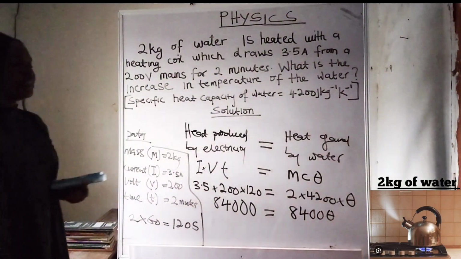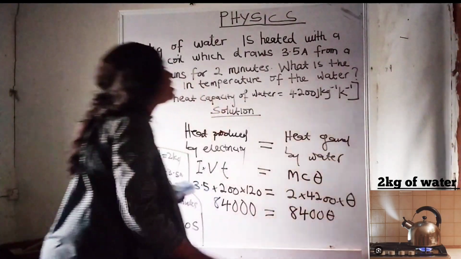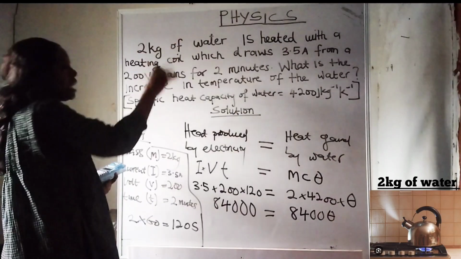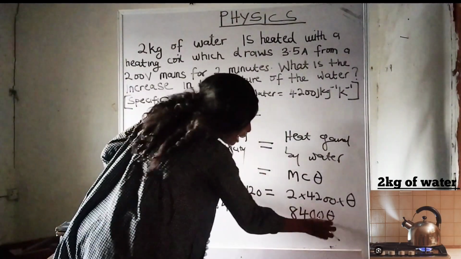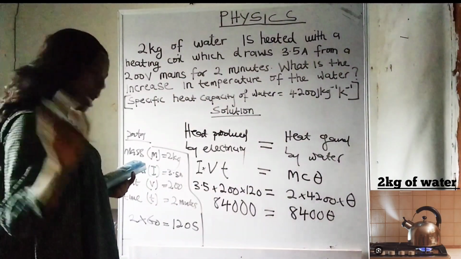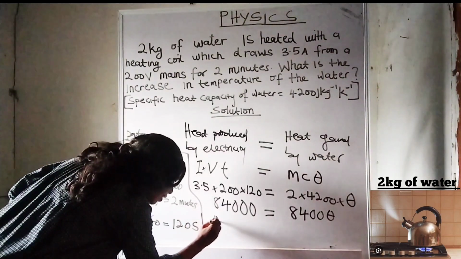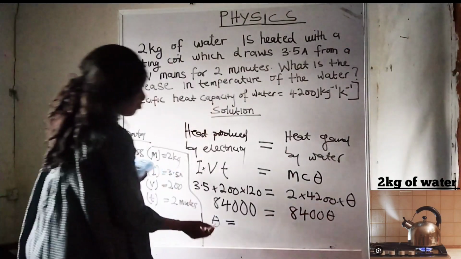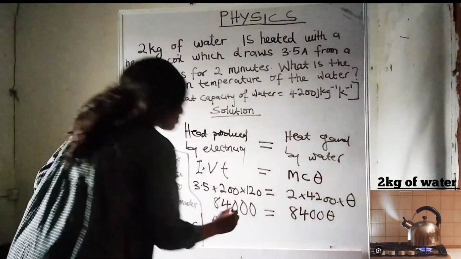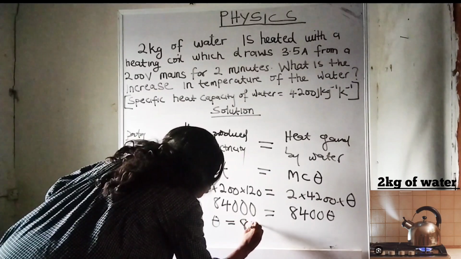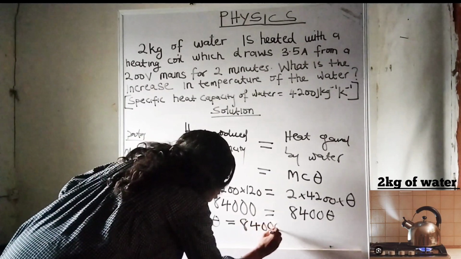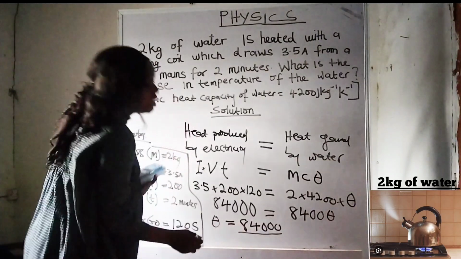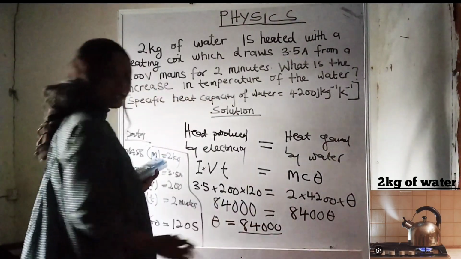So because we are solving to get the value of theta, which is the increase in temperature during the heating of this water, we will make theta the subject of the formula. So I write theta is equal to 84000 over 8400, since the number with theta will come down.